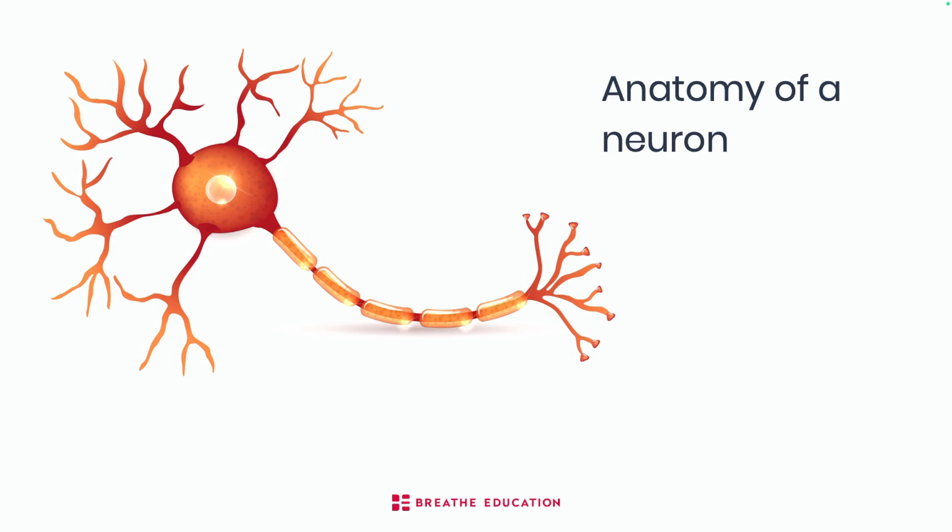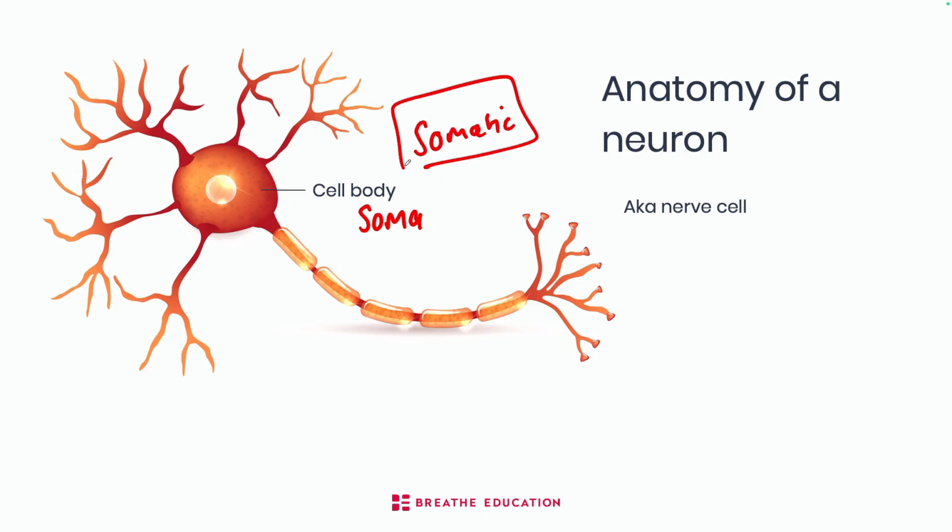A neuron is a nerve cell. And a neuron has 3 major components: a cell body, also called the soma. Soma just means body, like you've heard of people doing somatic things, somatic symptoms, somatic practices, etc. So soma just means body.